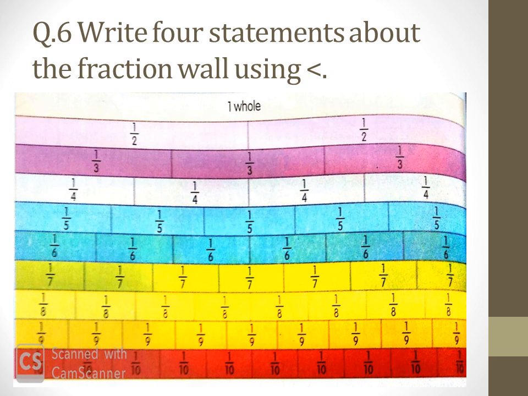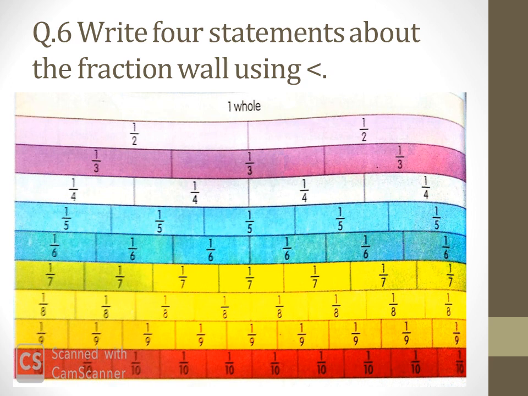So look at the fraction wall first. You have a fraction wall on page number 94 also in your book, but it's a little bit different; this is a big fraction wall, so you can check. You remember we studied this fraction wall in the previous videos. The first one is 1, then it is half, then 1/3, 1/4, 1/5, 1/6, 1/7, 1/8, 1/9, and 1/10.